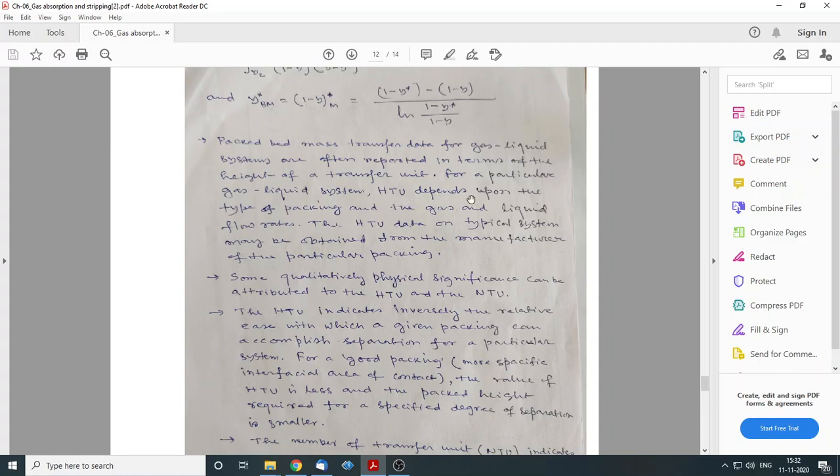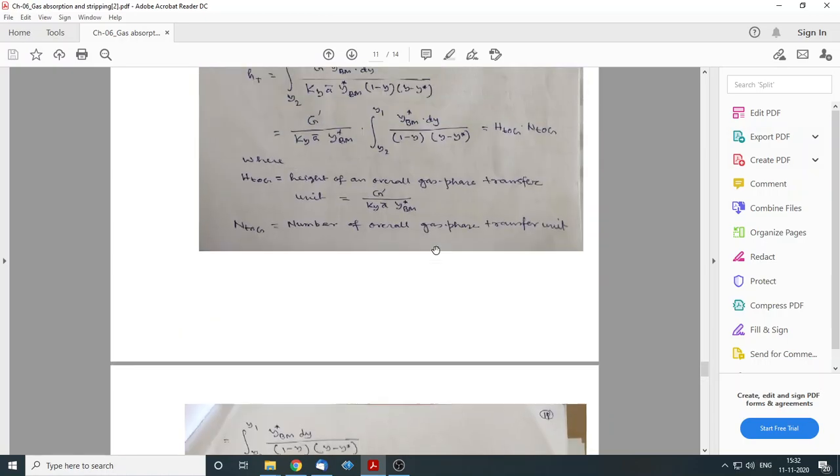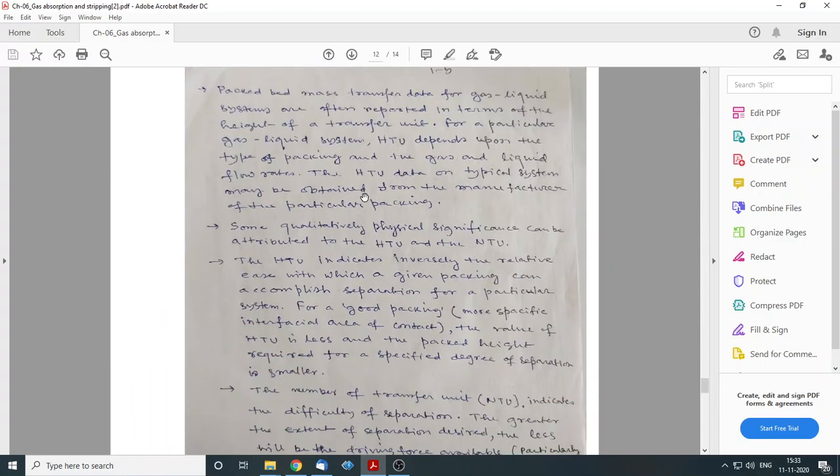HTU depends upon the type of packing material and the gas and liquid flow rates. That's what I am telling. The HTU data on typical systems may be obtained from the manufacturer of the particular packing material, because for HTOG or HTG, whatever it is, the gas flow rate and ky you will get from the manufacturer.